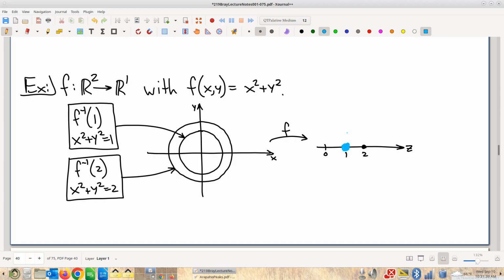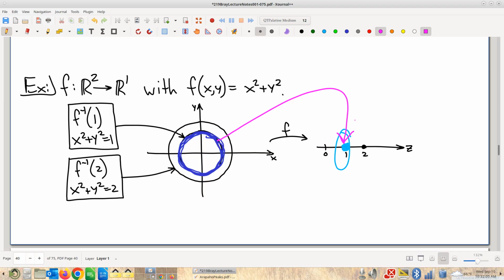So let's suppose that I pick this output value 1. And then I ask the question, what are the corresponding input values? What are the corresponding points in the domain that the function sends to that exact chosen output value?